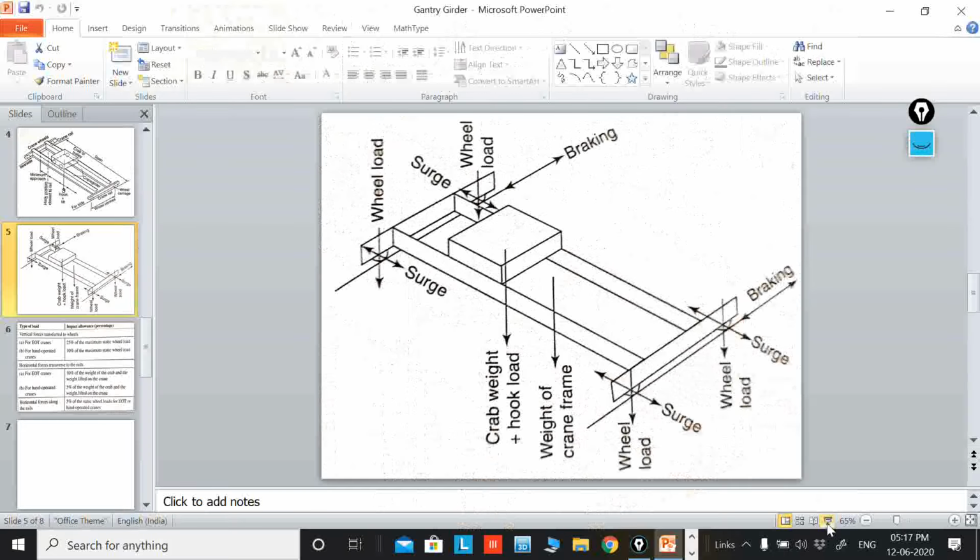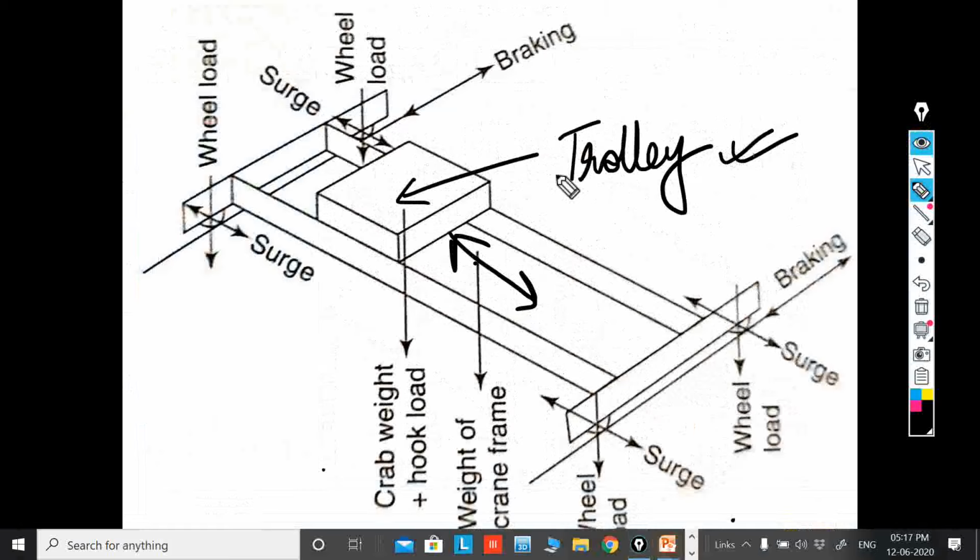This trolley, when it moves in this direction, there will be a horizontal force which is developed, and that is called the surge.